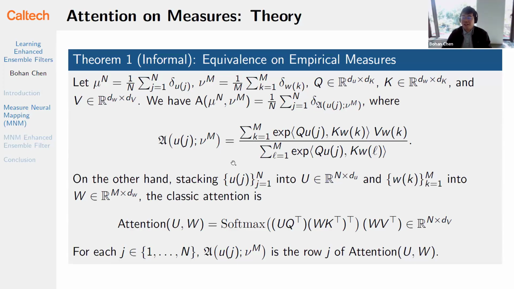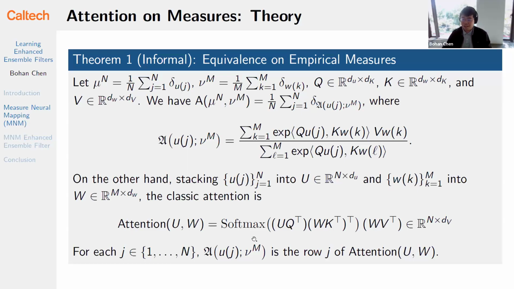On the other hand, if we don't consider these 2 as empirical measures, we just stack the u_j into a matrix capital U, and we stack the w_k, the samples corresponding to nu m, into a matrix W. The classic attention is defined in this way.